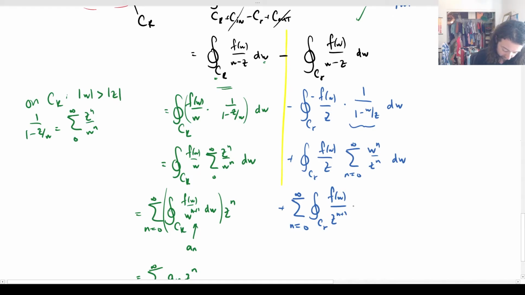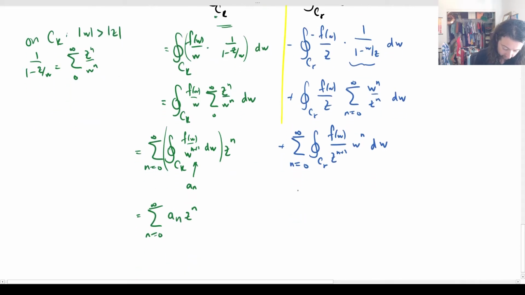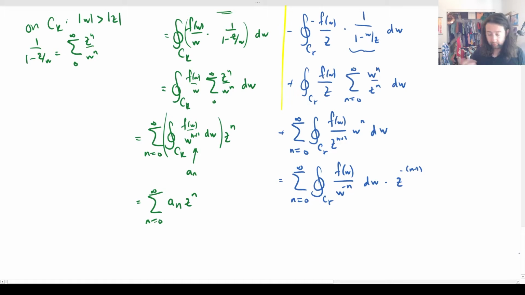And I also have this w to the n out here, dw. There's nothing stopping me from taking the z's out like before. So this is the sum from n equals 0 to infinity of the integral over C_r of f of w. I'm going to rewrite this as w to the minus n dw times z to the minus n plus 1. And that's almost what we want.